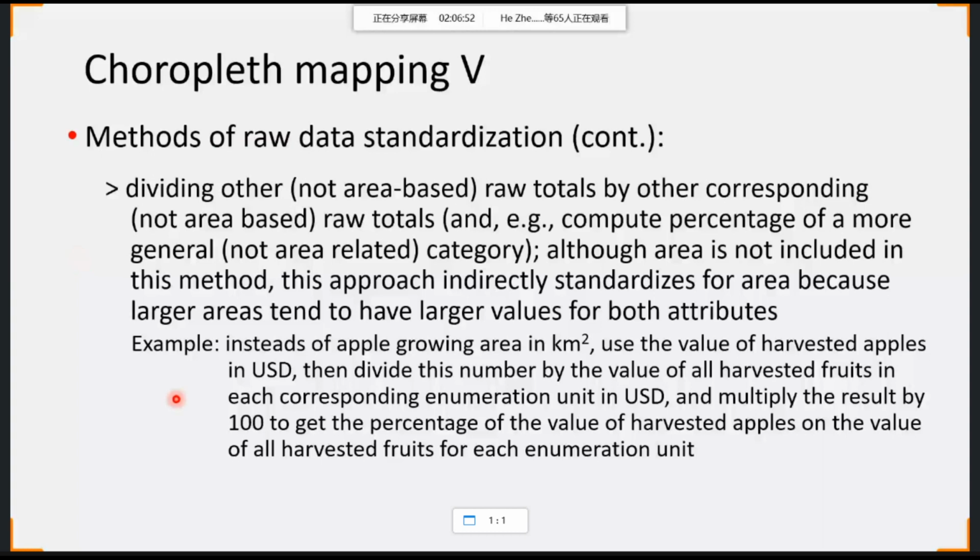An example here is, instead of apple growing area in square kilometers, use the value of harvested apples in US dollars. Then divide this number by the value of all harvested fruits in each corresponding enumeration unit in US dollars and multiply the result by 100 to get the percentage of the value of harvested apples on the value of all harvested fruits for each enumeration unit. So this is also a common situation.